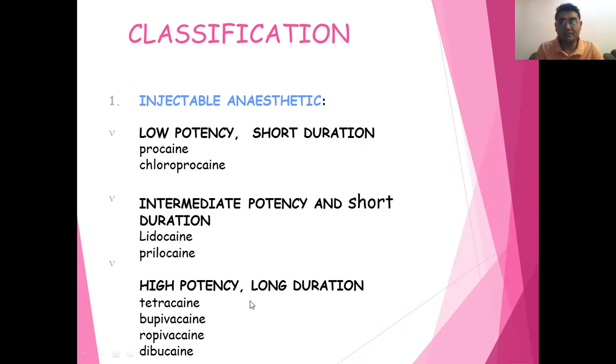But high potency and long duration agents are tetracaine, bupivacaine, ropivacaine, and dibucaine. These agents are used especially for spinal anesthesia, because spinal anesthesia is a kind of local anesthesia.